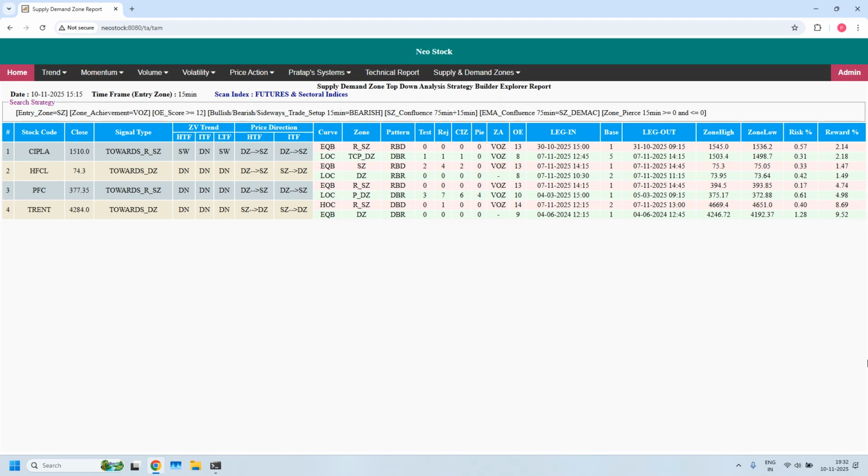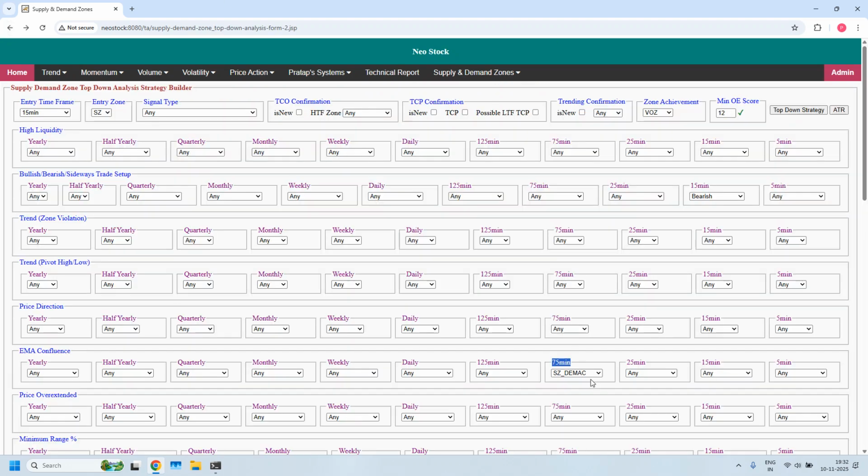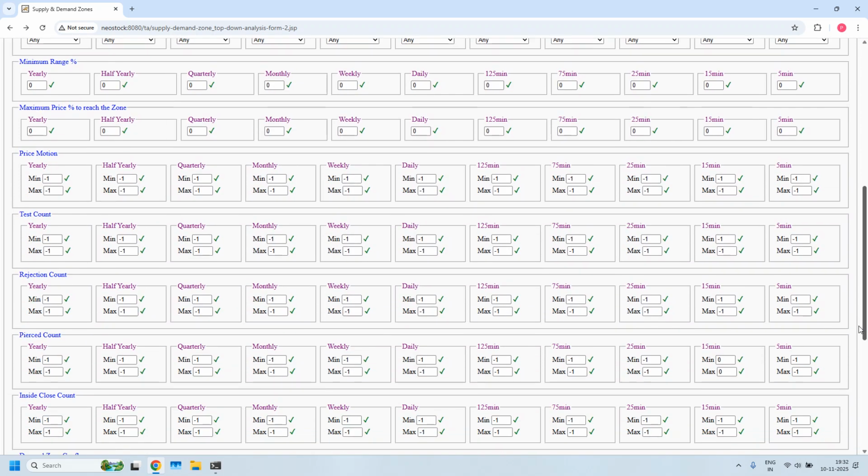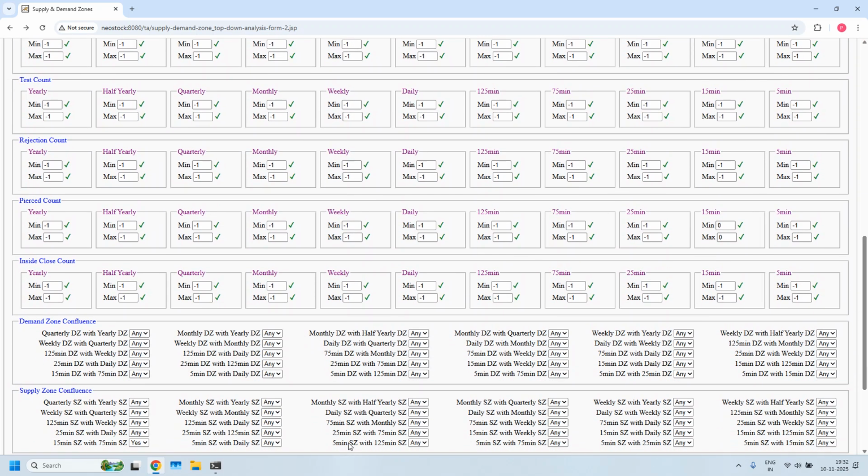Okay, next, high probability zones based on the second strategy we have to filter. Three filters we have to set.